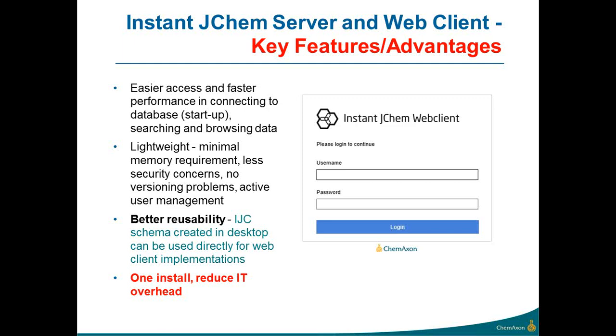This gives you better usability. The IJC schema created on the desktop can be used directly in your web client implementation. That reduces a lot of IT overhead, as you can imagine, because you have one install and one access, and you access the same data which your colleagues are accessing at the same time.